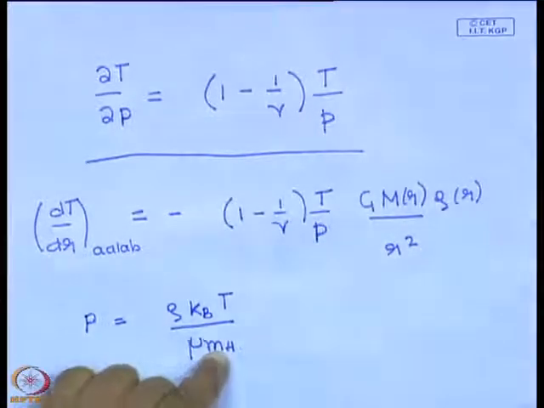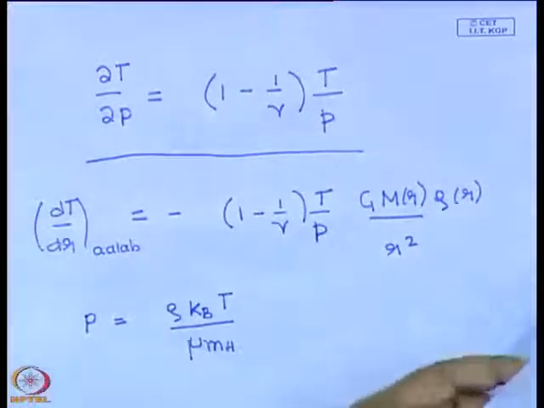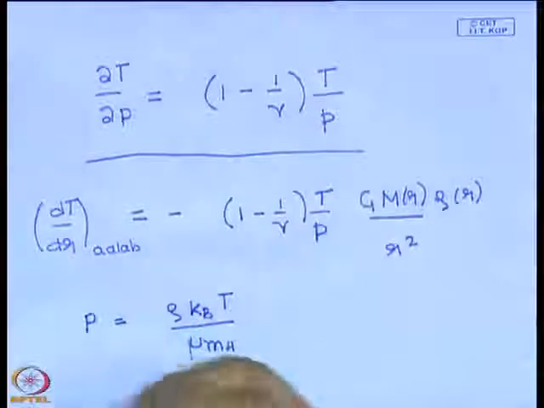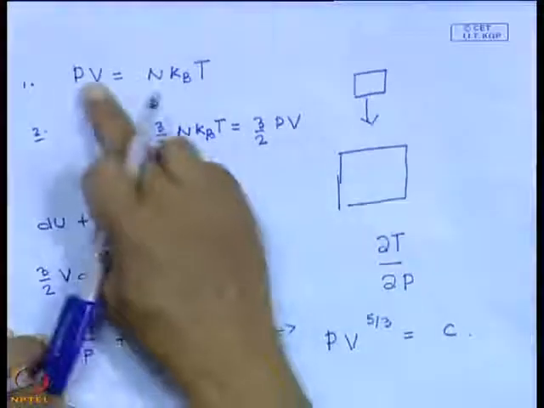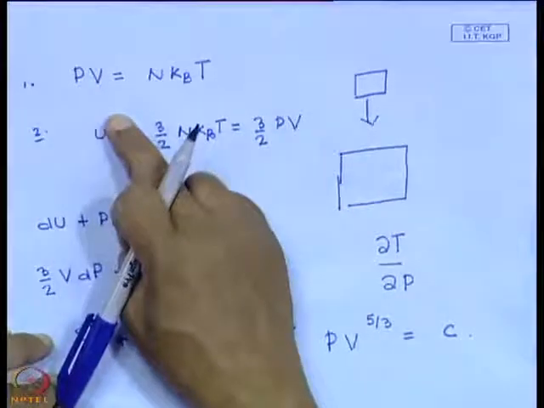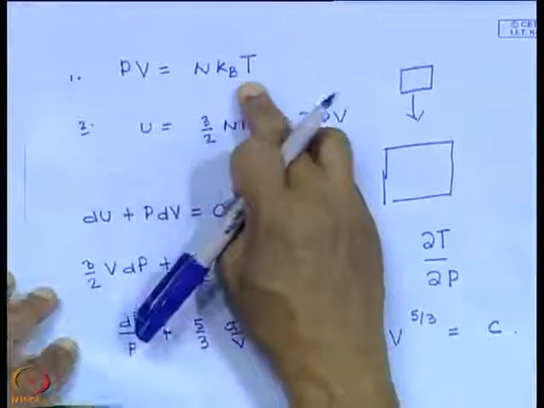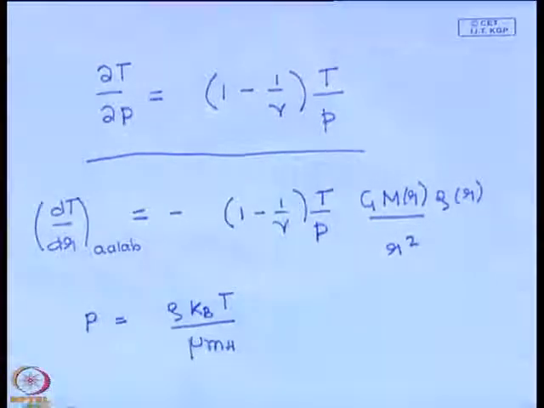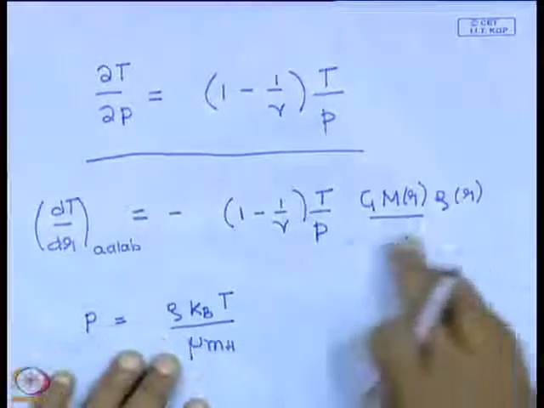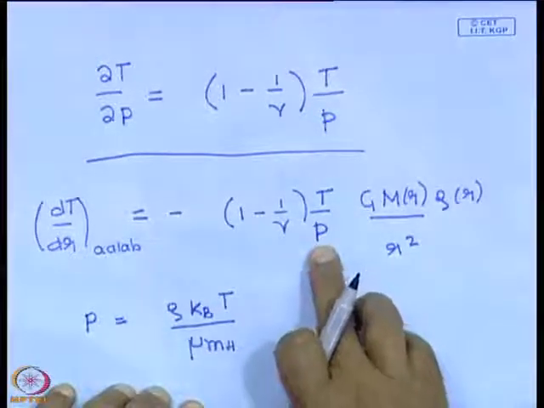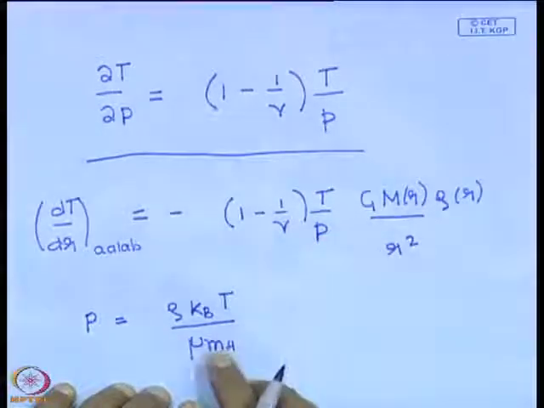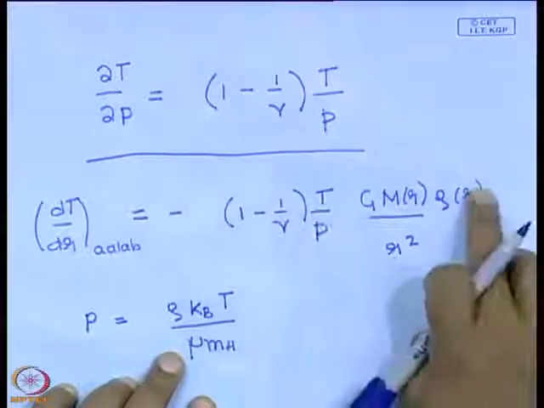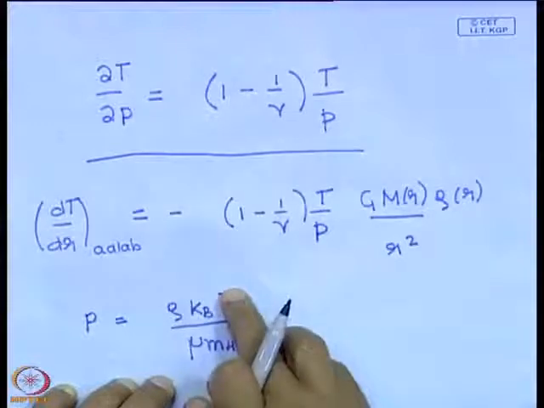This is essentially the same thing here, written in a different way, that's all. So, it is the same thing as PV is equal to N k_B T, written in a slightly different way in terms of the mass density. And we can use this to replace P. So, here we have P by rho, and we also have T rho by P.